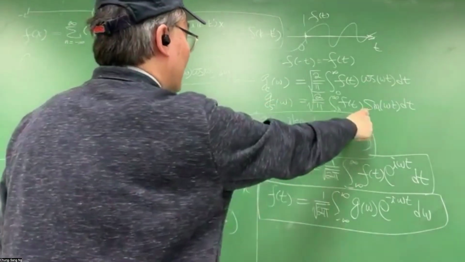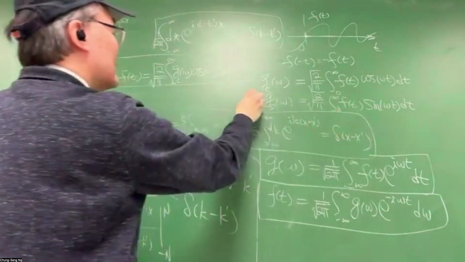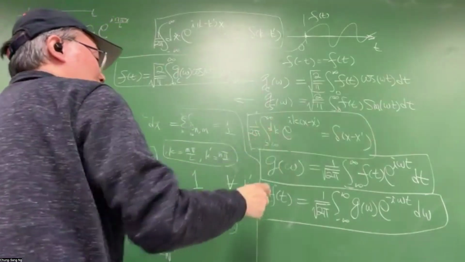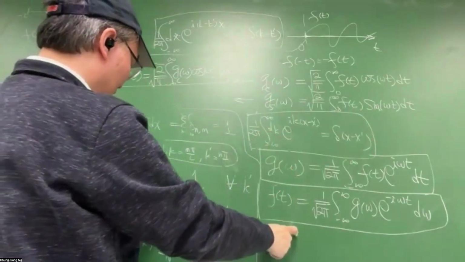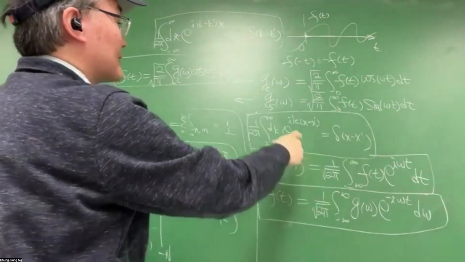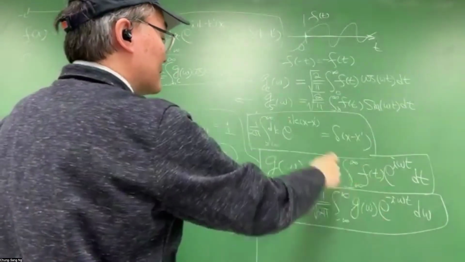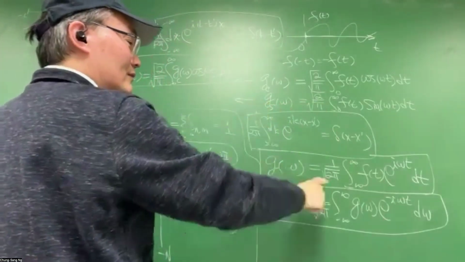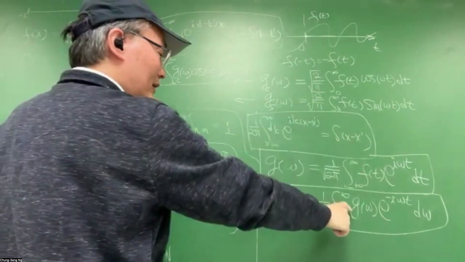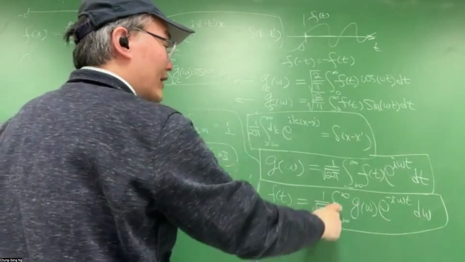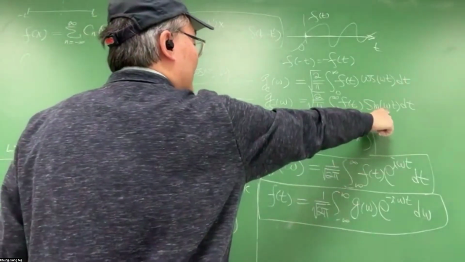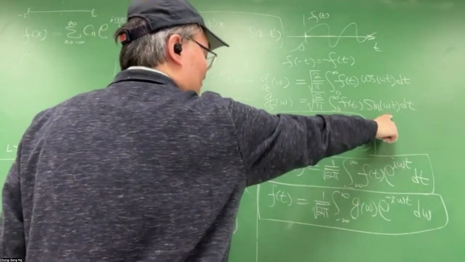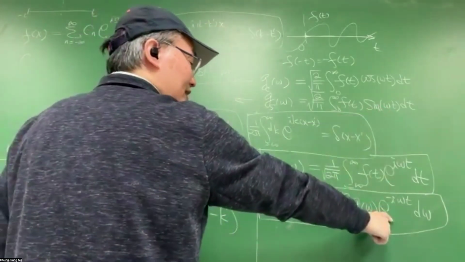So this is the Fourier sine transform, but then to do the inverse one, again, you put it back into the inverse formula. And now for the inverse formula, remember we didn't get the I, so we need to put the I in here. And then again, this is an odd function. Sine is an odd function, so you only pick up the sine term.